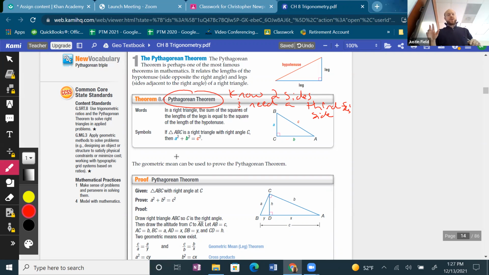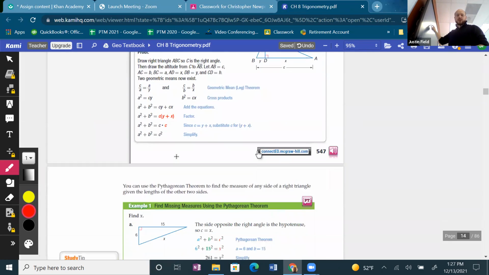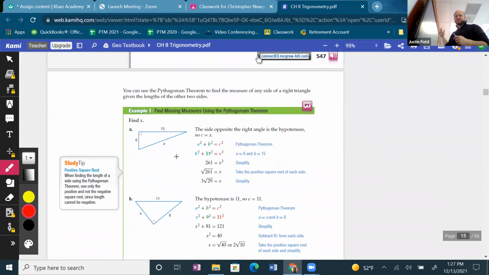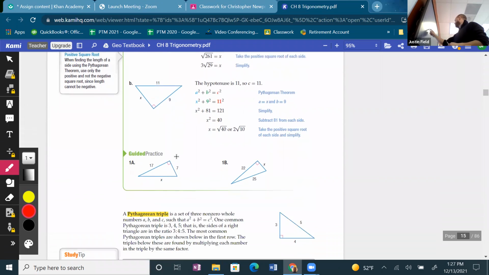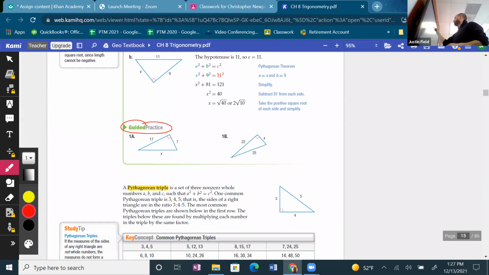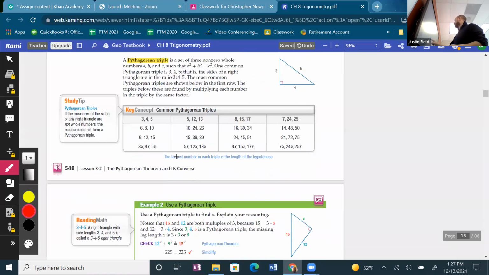Very exciting. But with the Pythagorean theorem, we know two sides, and of course, we did this with the distance formula. Go ahead and pause the video and do those guided practice problems, and if you're not sure about them, you can put those in the organizer.